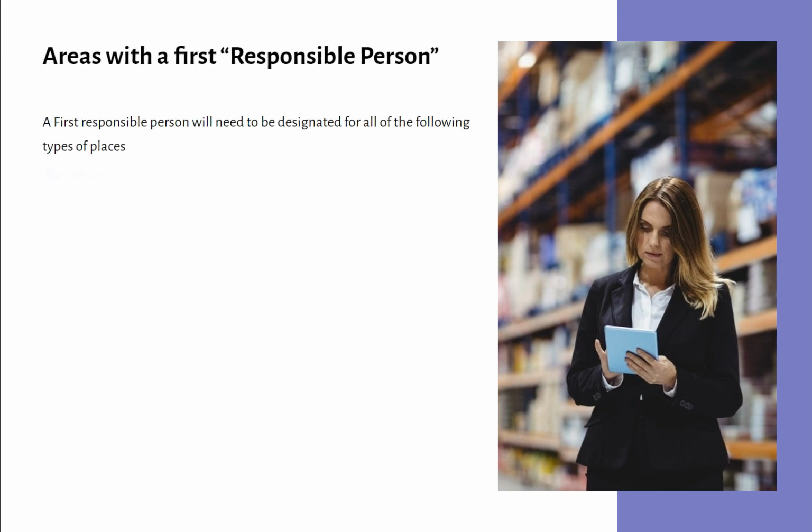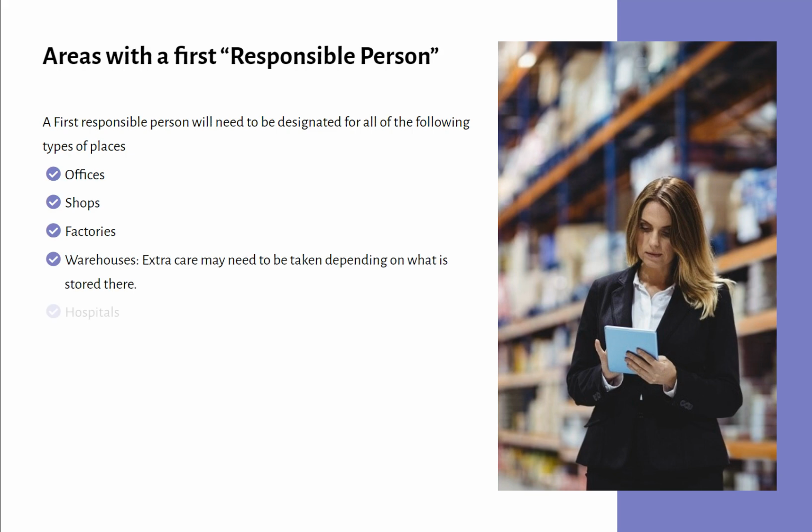Areas with a first responsible person. A first responsible person will need to be designated for all of the following types of places: offices, shops, factories, warehouses.